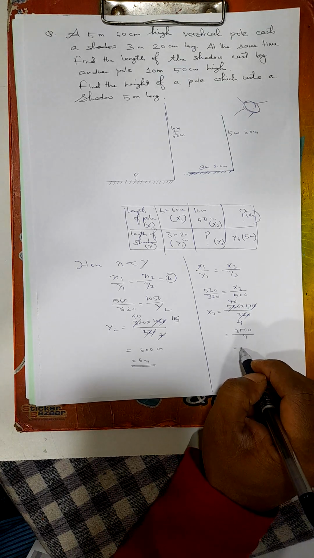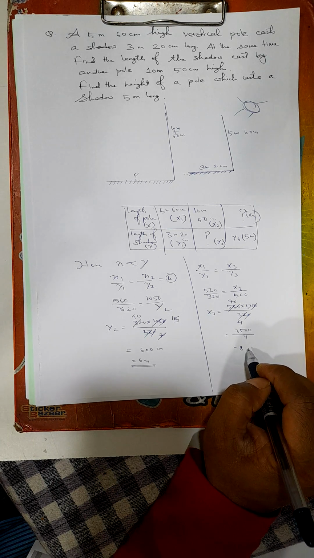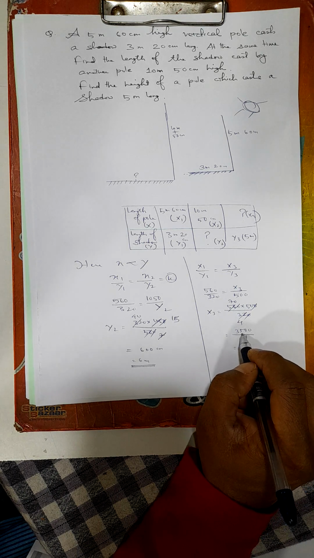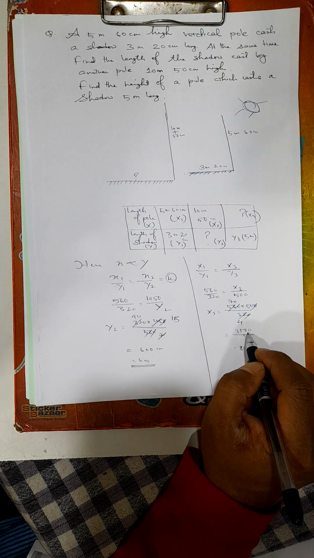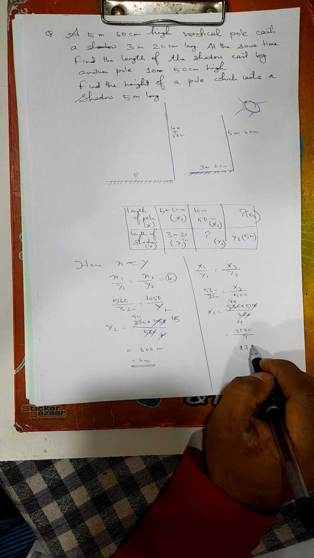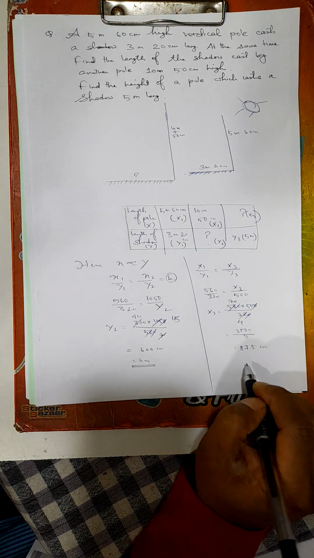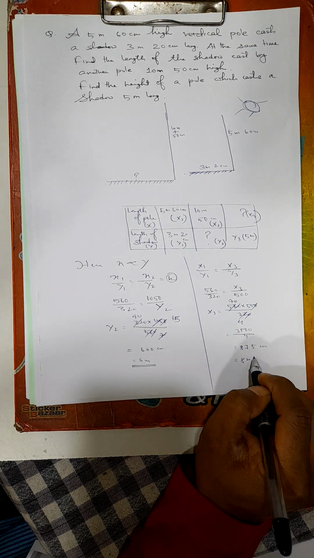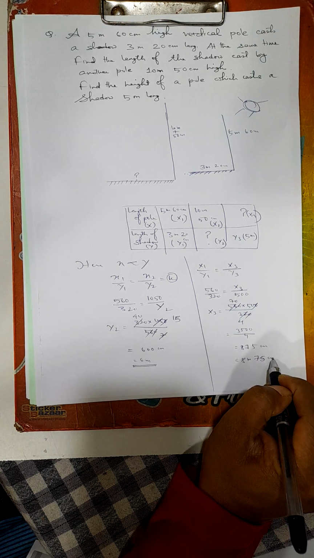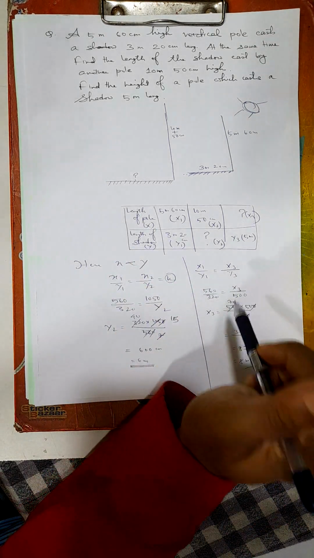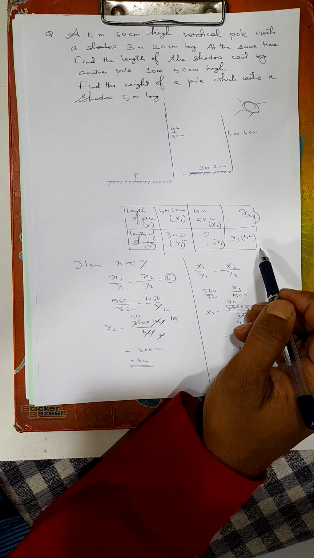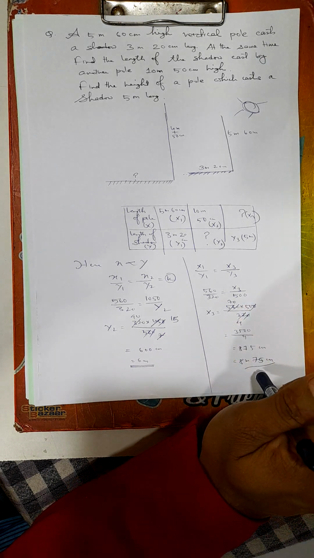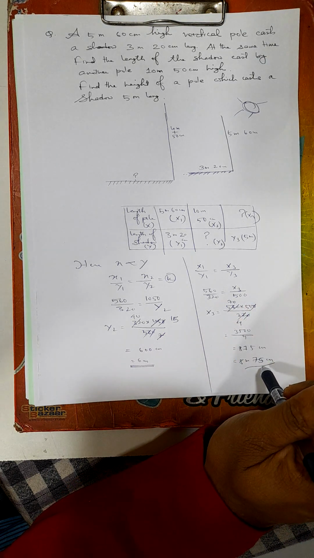So 4 is 32. 4 is 32. Then 32 plus 3, 30. 4 7s are 28. 4 5s are 20 centimeter. That means 8 meter 75 centimeter. So if the length of the shadow is 5 meter, the length of the pole would be 8 meter 75 centimeter.